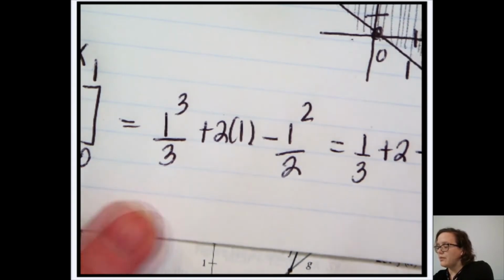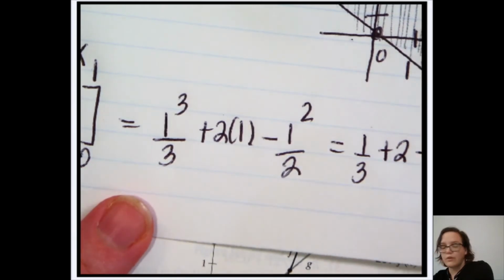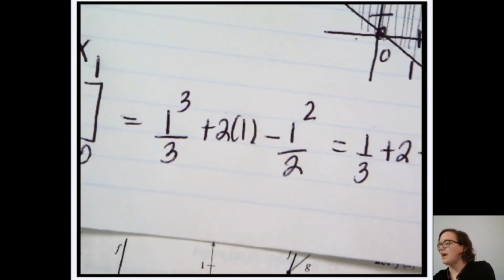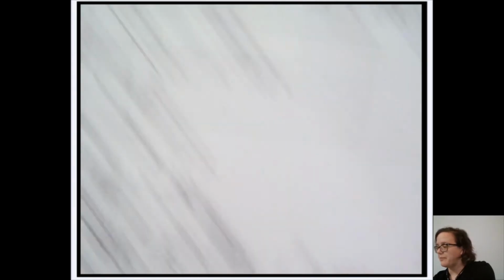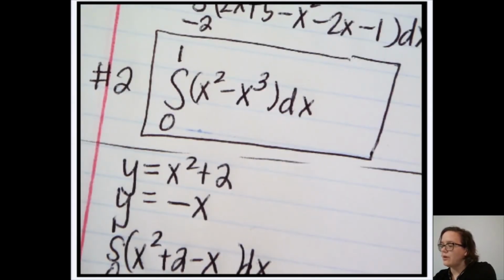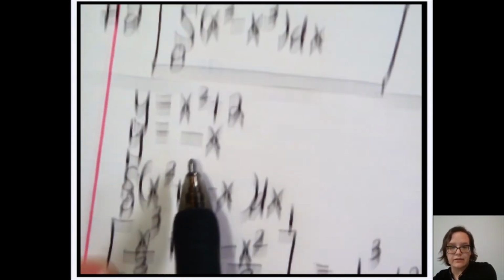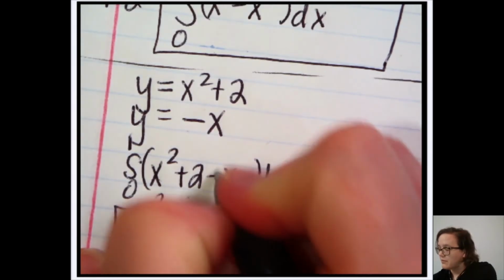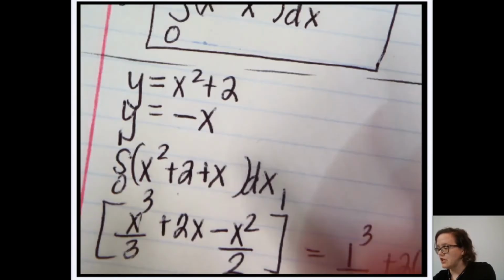Okay, so if we were to put that all together, I think I missed a sign somewhere. Oops. Okay, I apologize. I messed up here. So x squared plus 2, and we need to subtract the negative x. Sorry about that. So that becomes a plus x. I should have changed signs there.